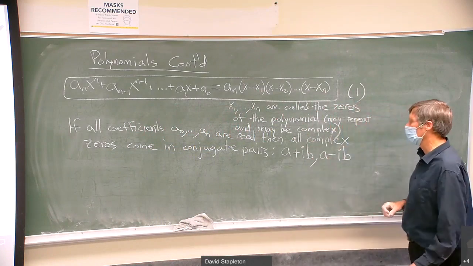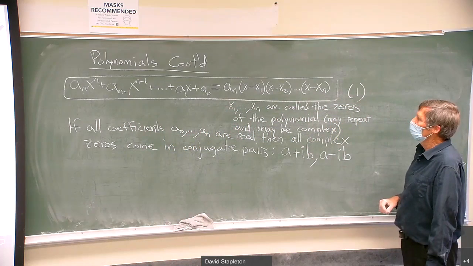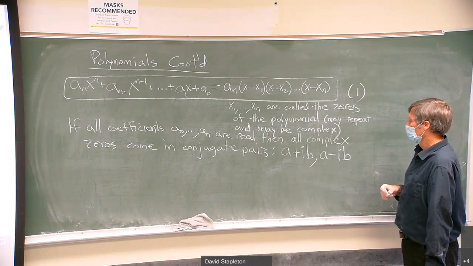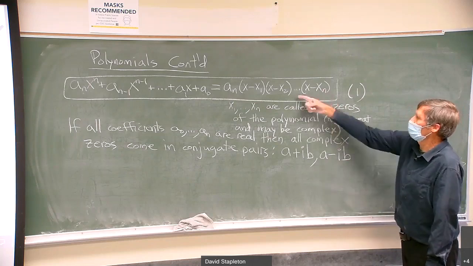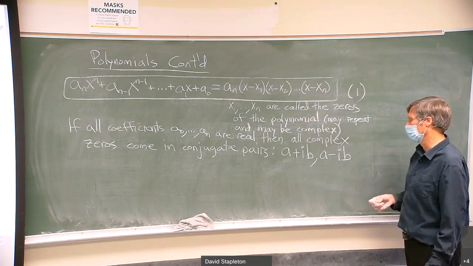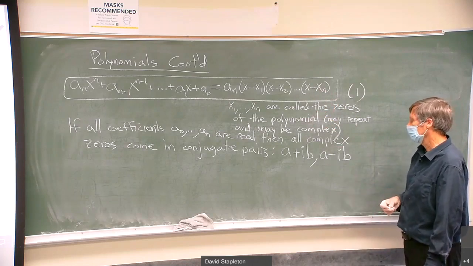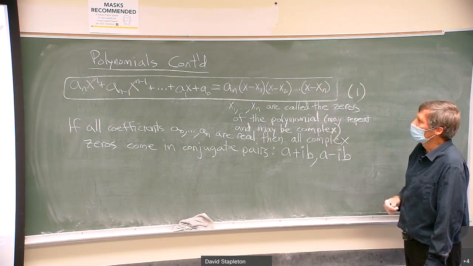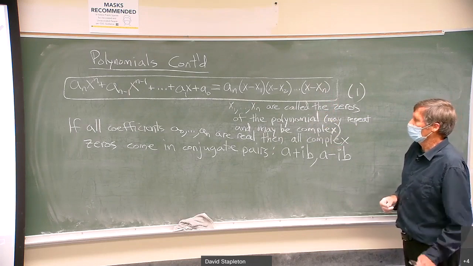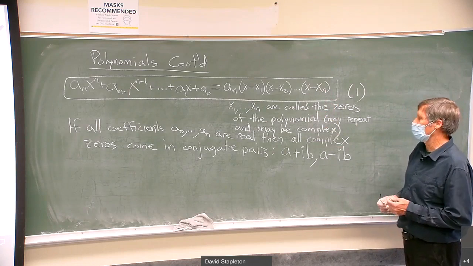So they come in pairs, and those pairs multiply into irreducible quadratics. In other words, quadratics that don't factor, just using real numbers. Okay, so this really helps us to figure out how to factor these things.